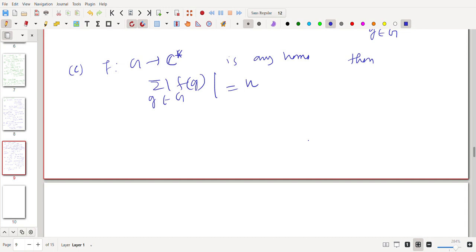Because f(g) is an nth root of unity, because f(g) to the power n is 1. That will imply mod f(g) equal to 1. You are summing over all elements of G, and the order of G is n. That means its sum is n. It's easy to see.